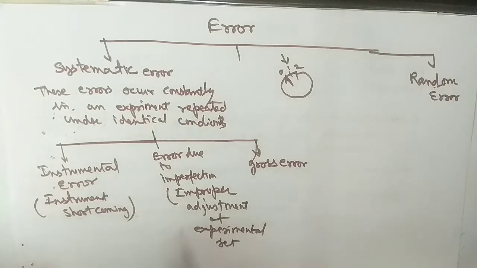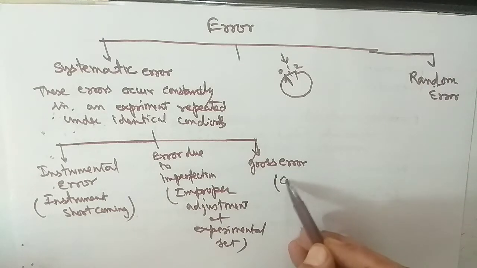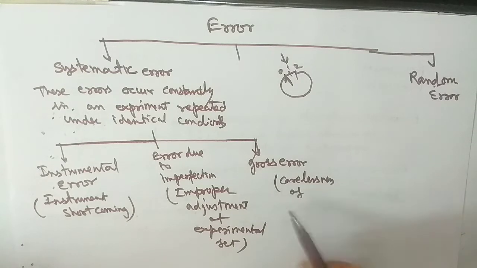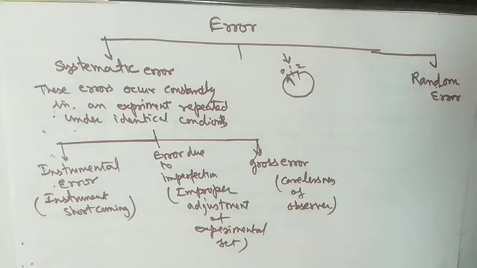It is not a defect of the instrument, it is not adjusted properly. And the gross error is due to the carelessness of the observer. It means you are not doing the experiment carefully. You are not taking the correct reading, your eyes are not set, you are not looking at the meters carefully, not at a correct angle.